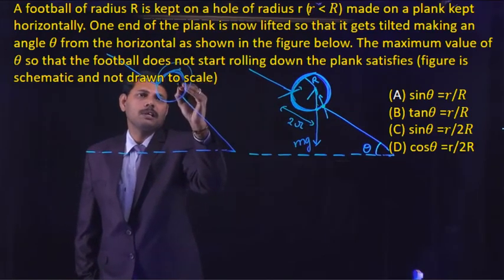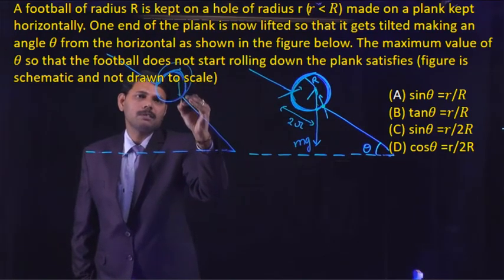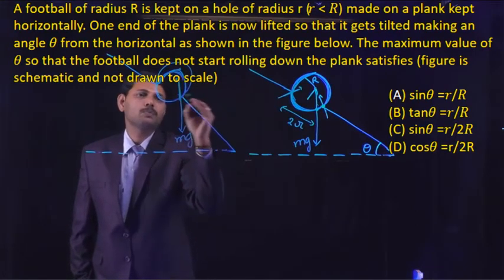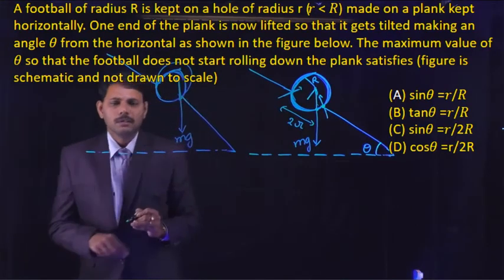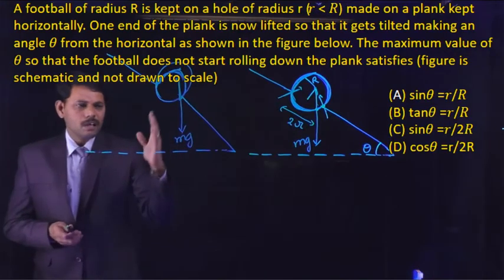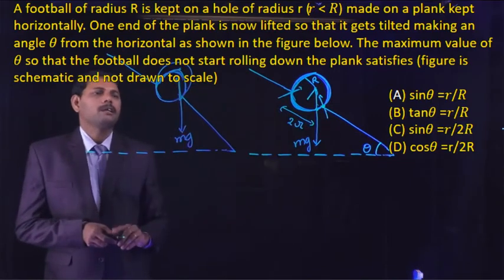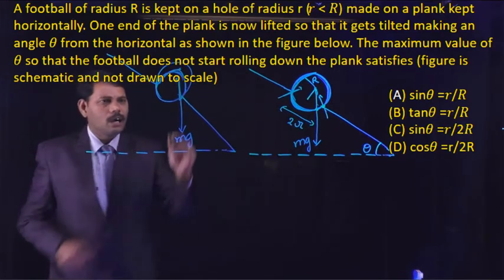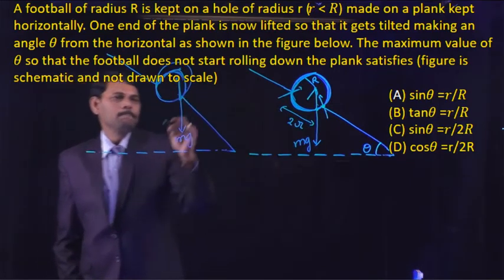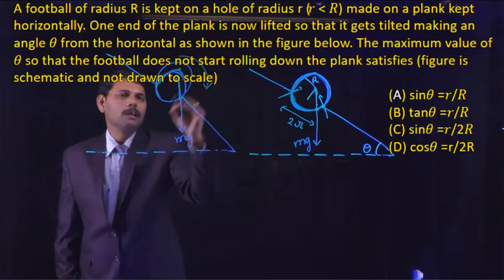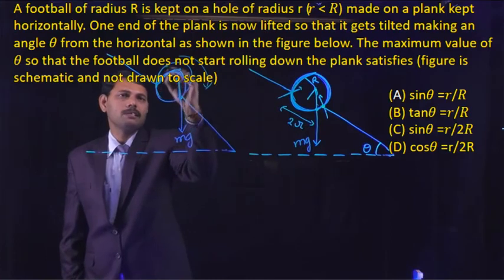For this position, the weight of the football must act through this point of contact. That's what I explained. When the weight passes through the point of contact of the football and the plank, then the football may start toppling around the axis of rotation.